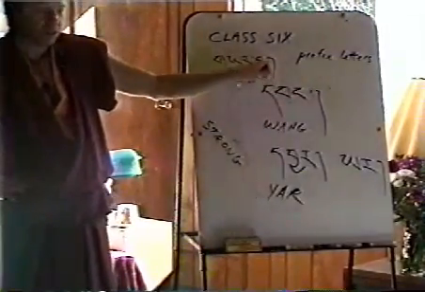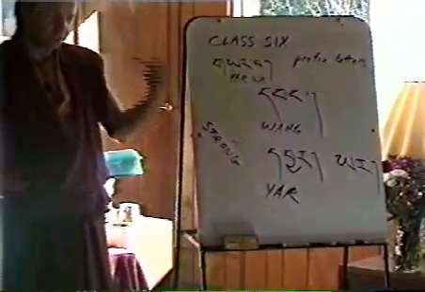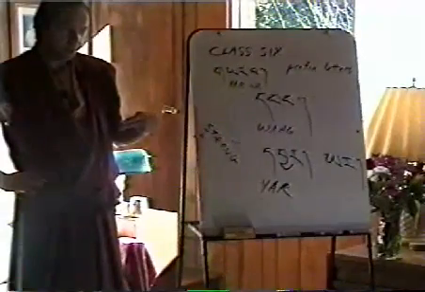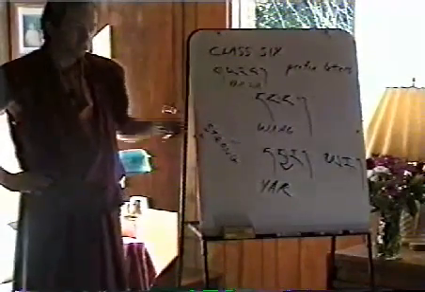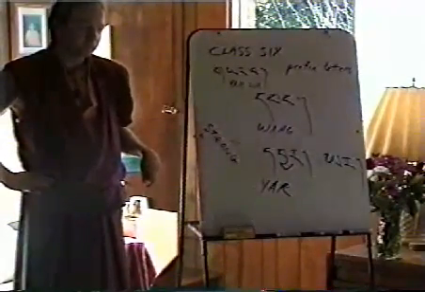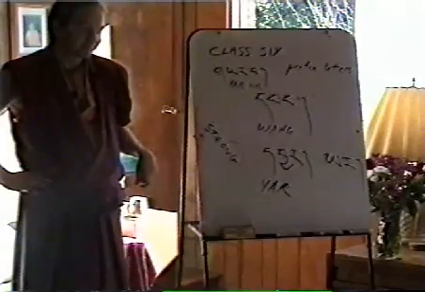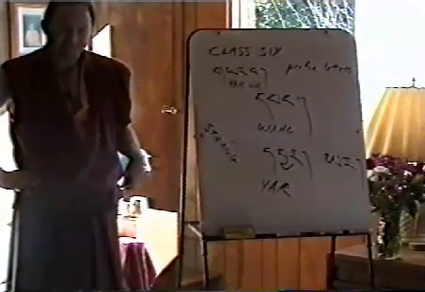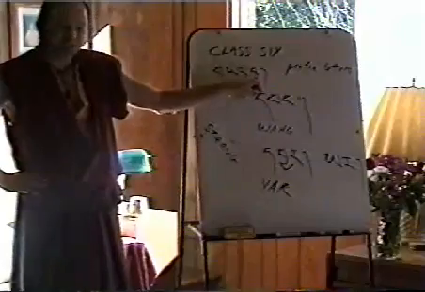Ba also changes to wa whenever it occurs as the 2nd syllable of a 2-syllable word. How do you know that this is a 2-syllable word? You have to know the word before you know it. Sorry. You don't know how to pronounce it until you know what the word means. You see what I mean?